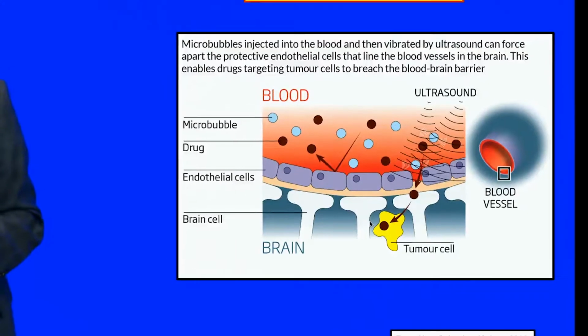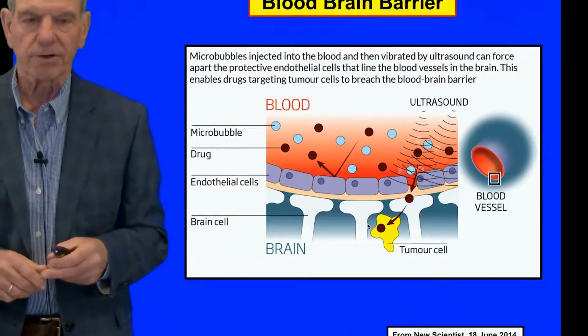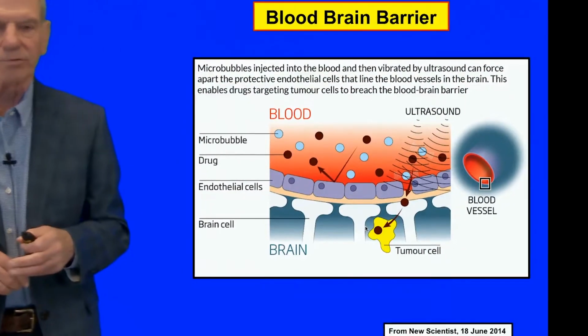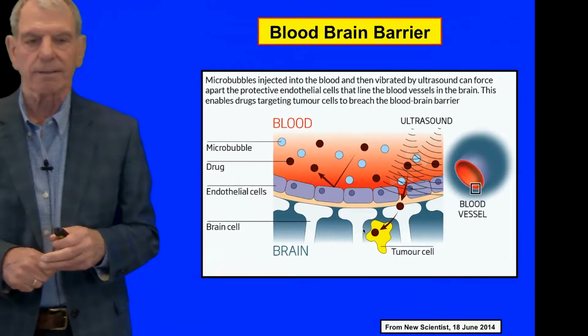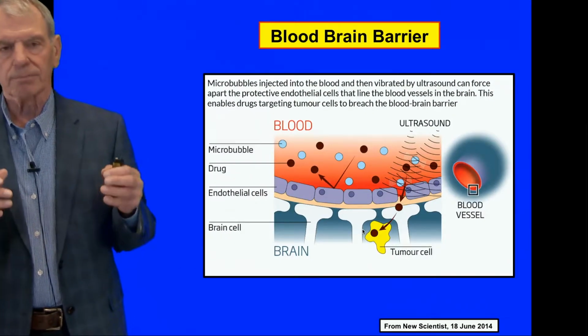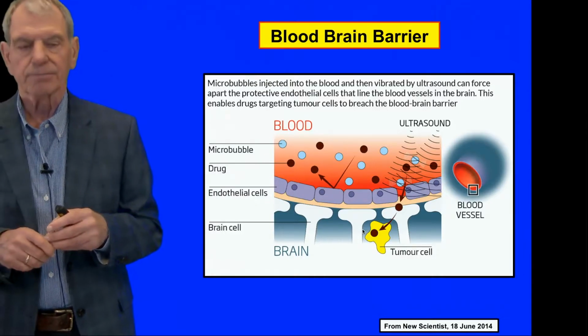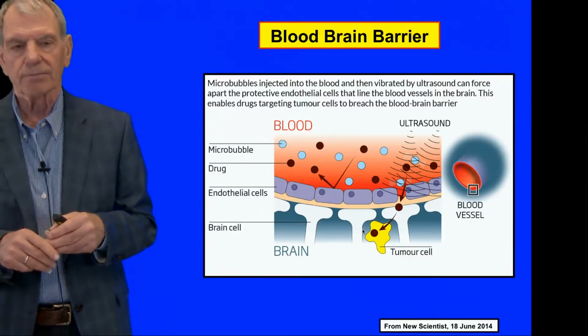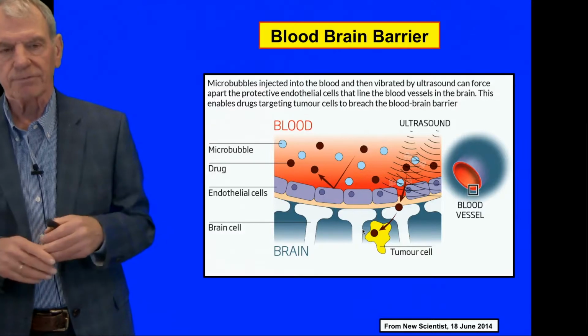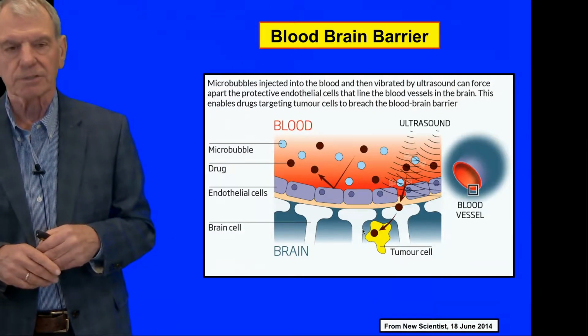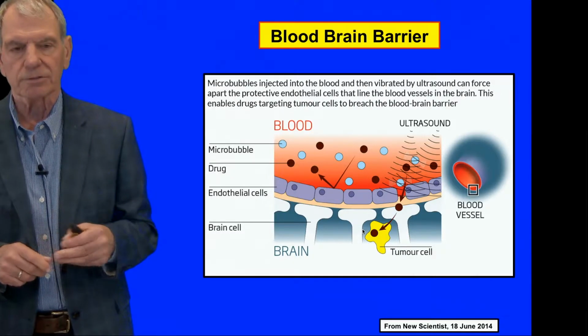So one of these things that are now fairly active, moving toward clinical effects, is that, as you know, the blood-brain barrier protects our brain from infection from various pathogens and big molecules and so forth.